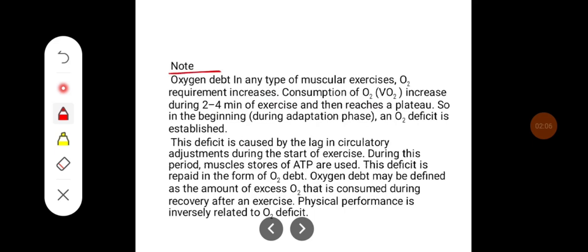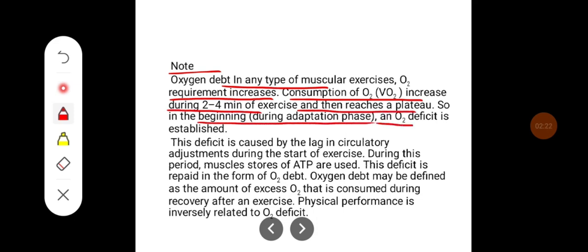Note that in any type of muscular exercise, oxygen requirement increases. Consumption of oxygen increases during 2 to 4 minutes of exercise and then reaches a plateau. So in the beginning, during the adaptation phase, an oxygen deficit is established. This deficit is caused by the lag of circulatory adjustment during the start of exercise.